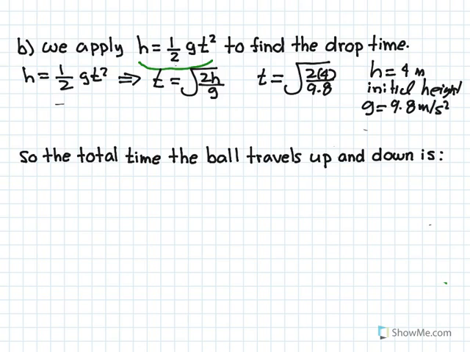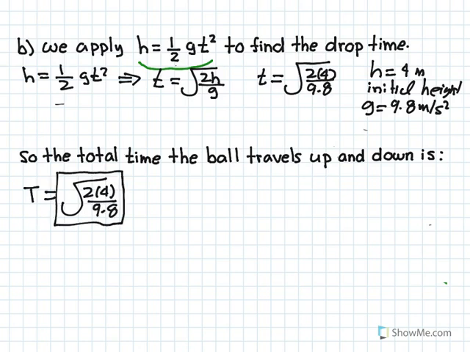So the total time that the ball travels up and down is t equal to root of 2 times 4 divided by 9.8. This term here is the time it takes for the ball to drop down 4 meters, plus 2 times root of 2 times 2 divided by 9.8.